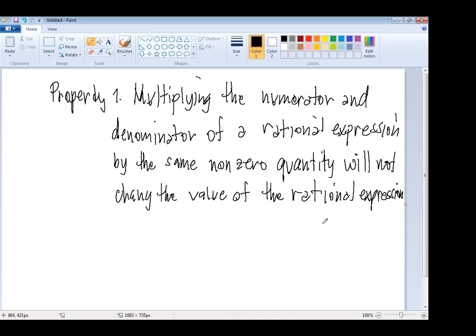So if you multiply both the denominator and numerator by the same non-zero quantity, the value will not change. Another one, property number 2, is for division, so you have to copy this one for your notes.